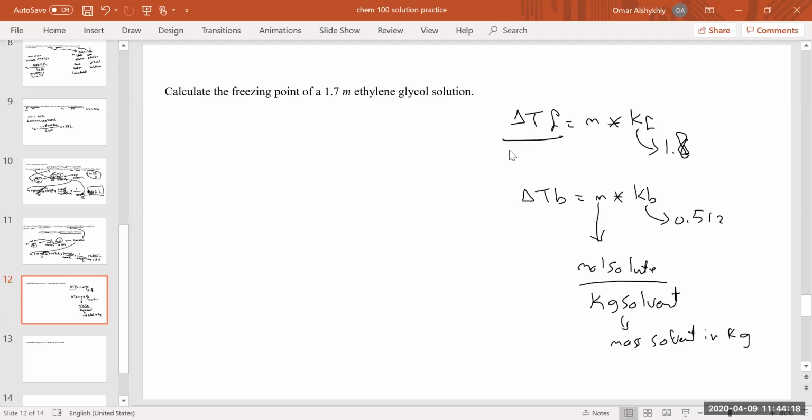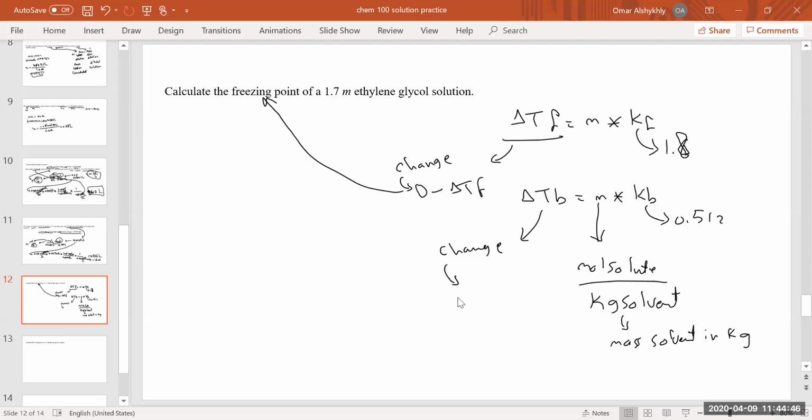So delta T represents the change. After you get the delta T sub F, it's supposed to be 0 minus the delta T sub F to get the freezing point. K sub B is the boiling elevation, so here it is the change, not the boiling point.